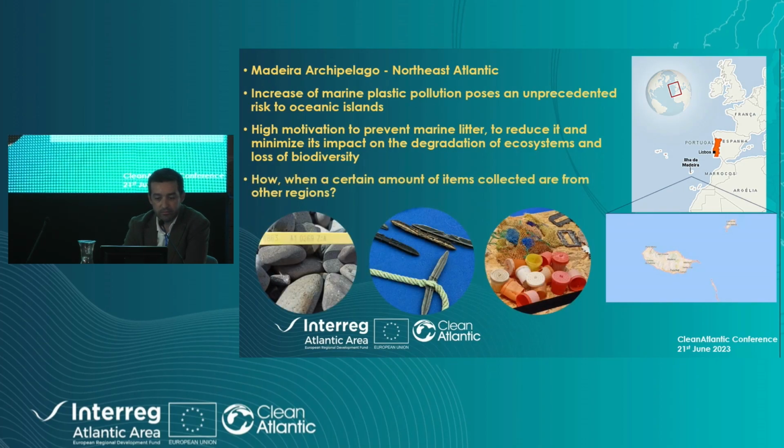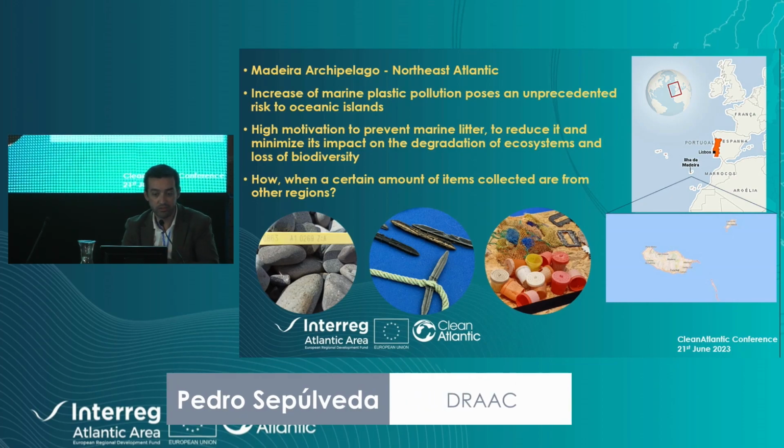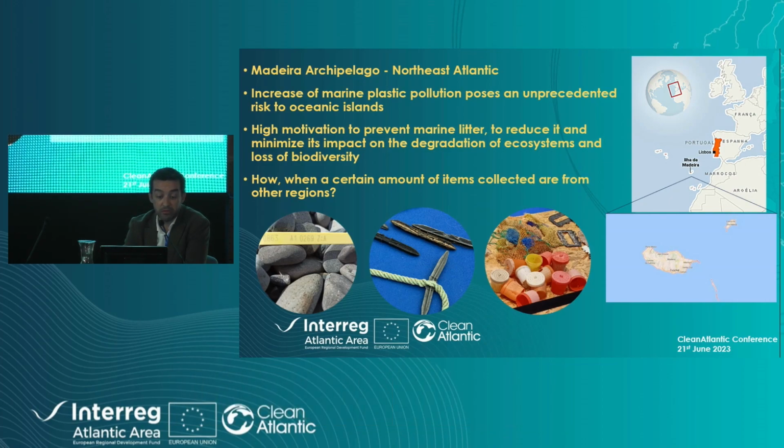But this is very challenging for our region because our measures cannot have any effect on the amount of items that we collect that are from other regions. On these 3 photos you can see, on the first one, a fishing tag used in Maine, on the North American coast, the famous mussel pegs or palitos from Vigo, and several other fishing gear that we don't use there.